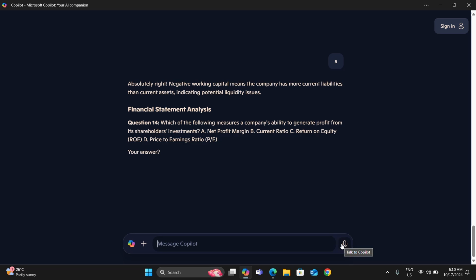So if someone asks you about contribution margin, that is sales minus variable costs, over the sales. Gross profit margin is the gross profit over sales. That's how you remember the formulas efficiently. So again, generate profit, that's return on equity.